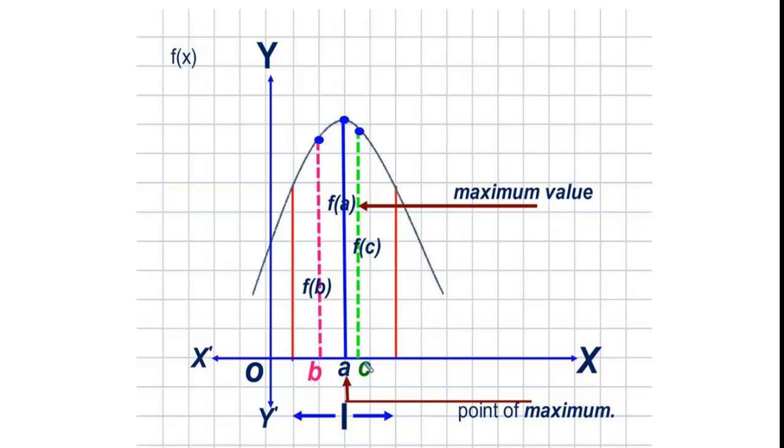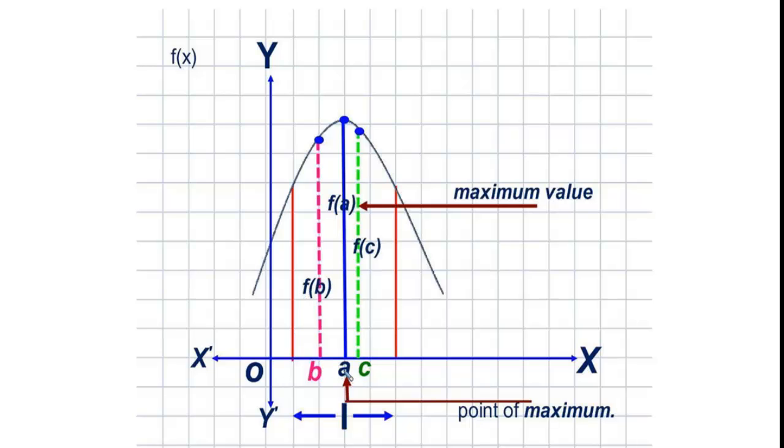In fact, if you take any other point on the graph, the value at that point will be less than f of a. That is, f of a attains the maximum value at the point x equal to a.